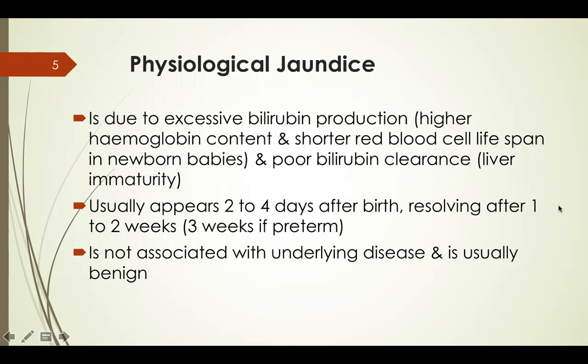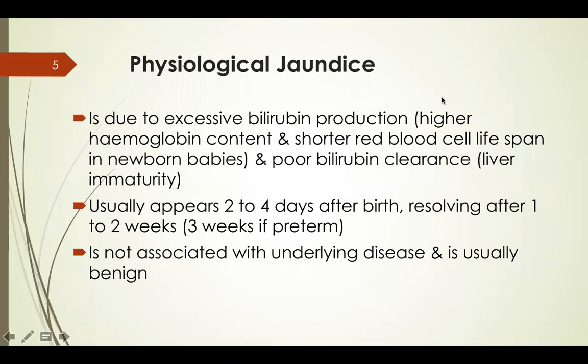It is usually not associated with underlying disease. What do I mean by underlying disease? It means it's not related to G6PD deficiency or ABO incompatibility, most of the time.